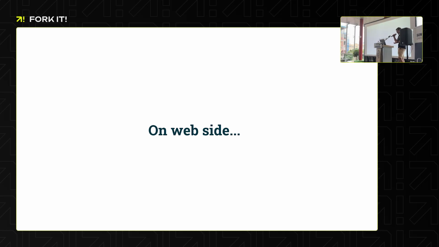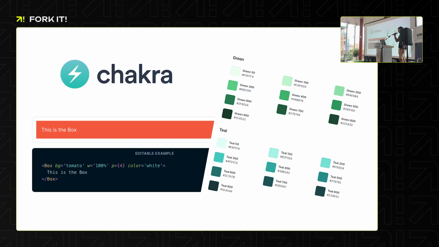And on the web side, for developers working on web applications, there are much more tools to work on UI, especially great UI libraries. One that we really love at Bear Studio is Chakra UI. So Chakra UI helps you to define your theme, so you can add your color palettes for green, teal, for example.